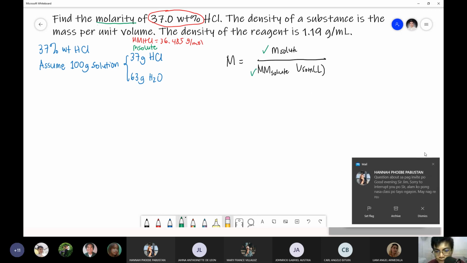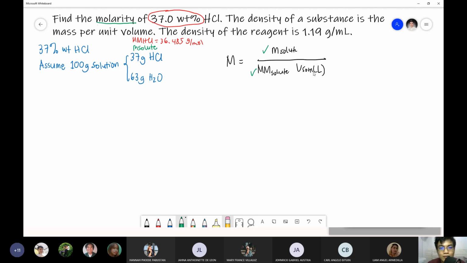Now, how will you find the volume of the solution? Paano kaya yun? Anyone in the class? Do you have any idea on how to get the volume of the solution? Read the problem.